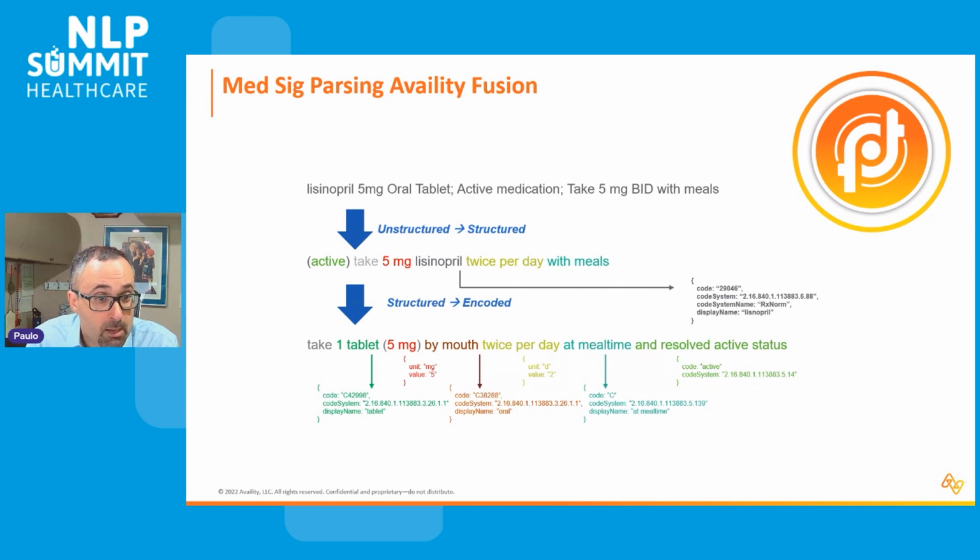For example, we've taken tablet, we've taken the unit of the dose, which is 5 in milligrams. How this is to be taken, we've divided up into oral, how frequently it's done, if there are any special instructions, like in this case at mealtime, and then determine whether or not the medication is active or not. And so this is our general rubric for med-sig parsing.